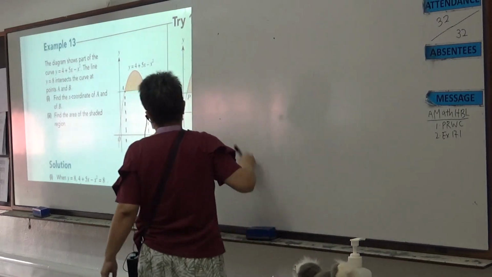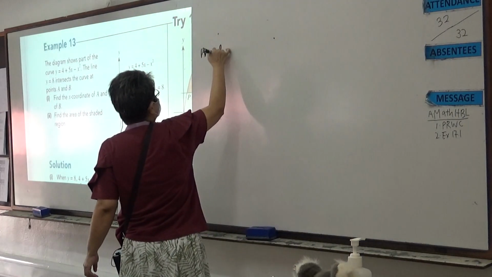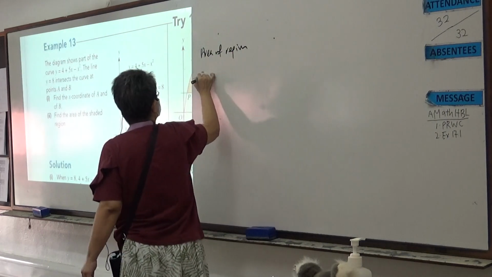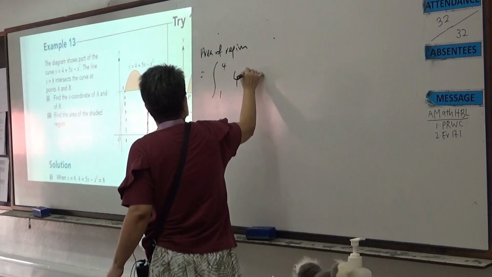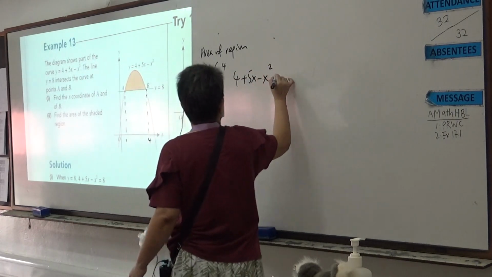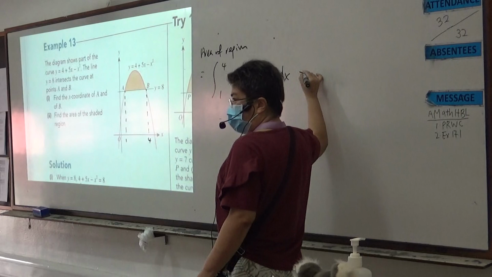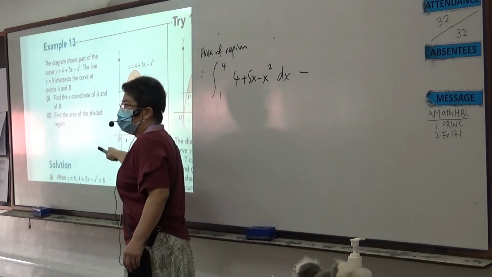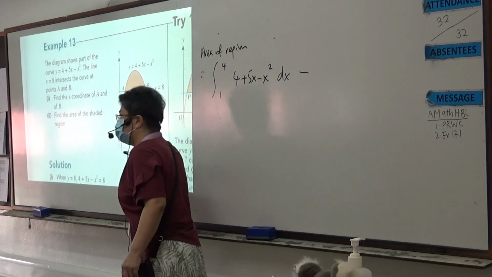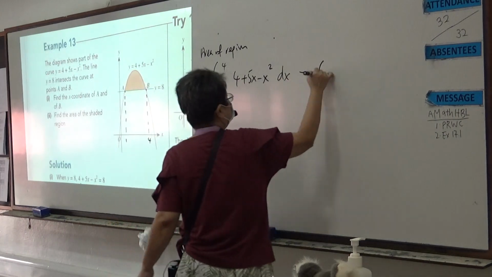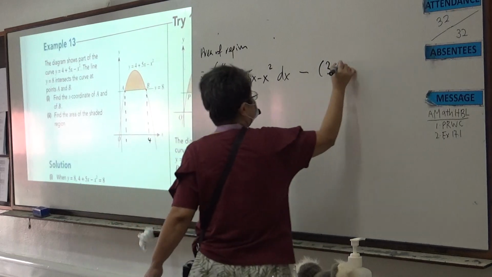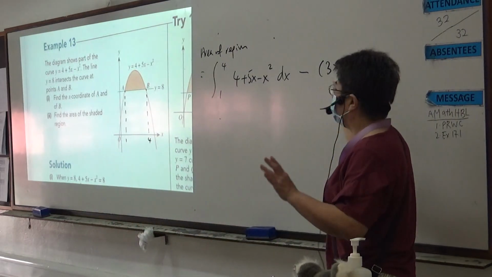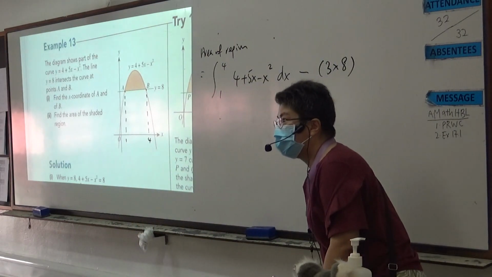Area of region will be integrate 1 to 4, 4 plus 5x minus x squared dx, minus, now do you agree this is a rectangle? What is this? 3. What is this? 8. So after I integrate, I will minus 24, and I will get the answer.